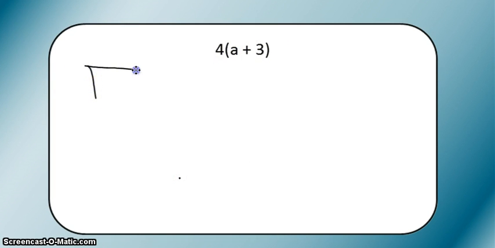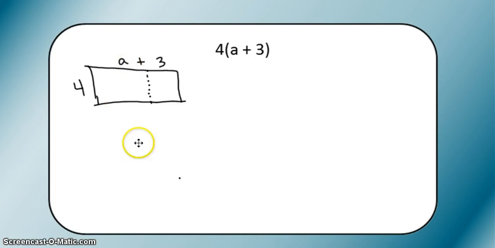If we think about this as a box, here's 4, that's the length. We're multiplying it by A plus 3. So here's A, and then here's about 3. Instead of saying we can't figure it out because we don't know what A is, we can at least figure out part of the box.